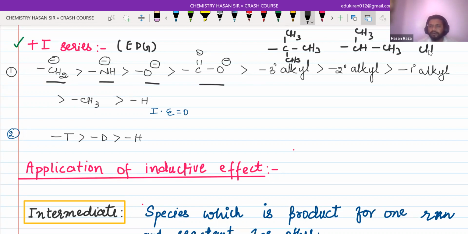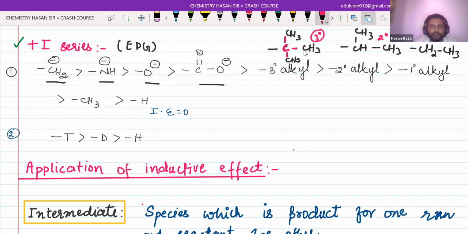And then comes your 1 degree. Everyone knows what the degree of carbon is and how we calculate it. To calculate the degree of any carbon, just see to how many carbons it is directly attached. For this carbon, you can see it is directly attached to 3 carbons, that's why I wrote 3 degree.